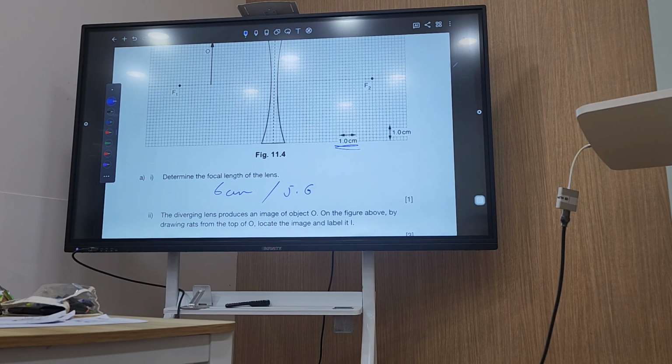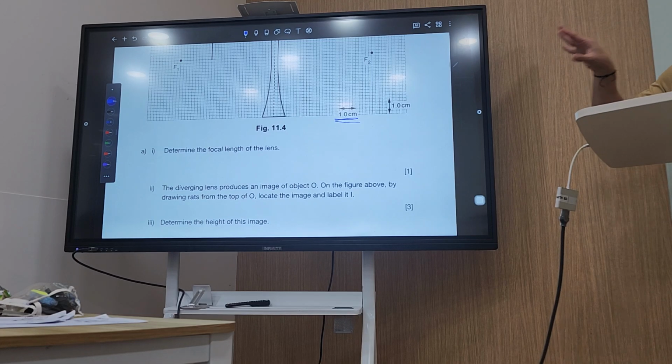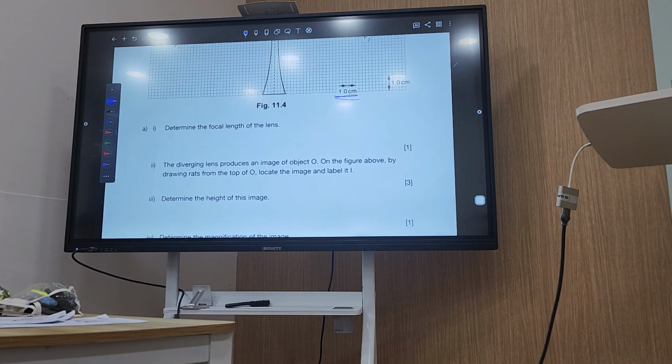Is it about 5.6, or do you all get exactly 6 cm? 5.8. Okay. That one is a printing thing, because when the school did it, they calculated based on their measurements. So I will accept any value that's reasonable, based on your drawing.